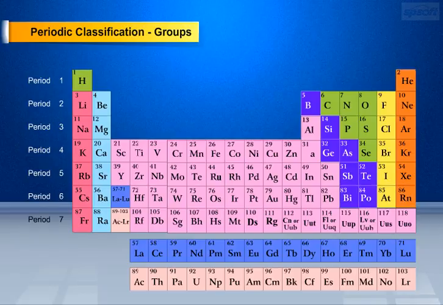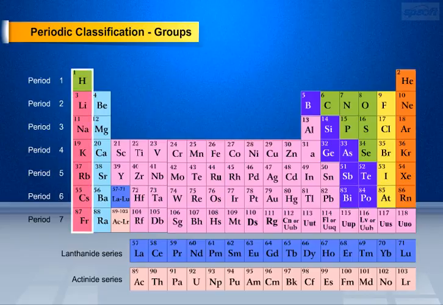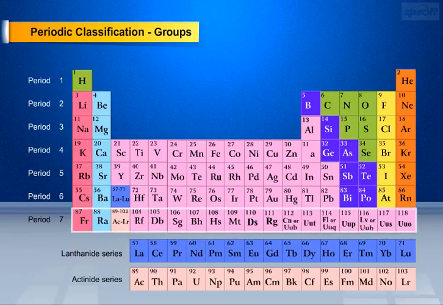Periodic classification of elements is divided into 7 periods and 18 groups. Here, the image shows the modern periodic table with period numbers and groups. The lanthanide series and actinide series are also displayed here. In general terms, the definition of group is, columns of elements are called groups. In general terms, the definition of period is, rows of elements are called periods.